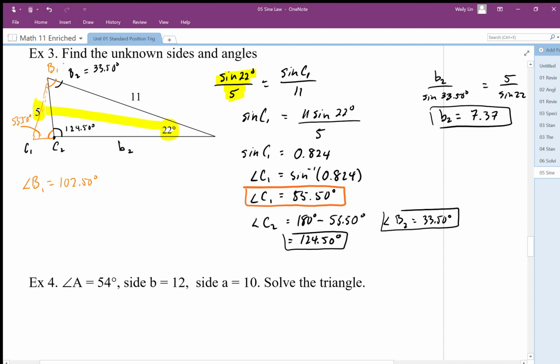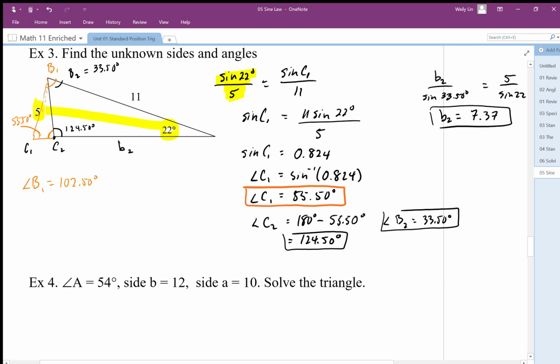So this angle up here could have been the obtuse angle of 102.50 degrees. Now, this diagram isn't all that accurate. If you look at the proportional lengths, they are quite a bit off. So the diagram can be deceiving, and we have to go by the lengths of measurements given.